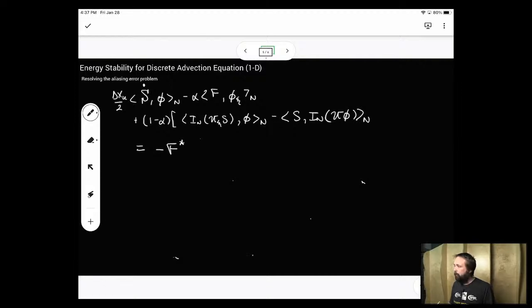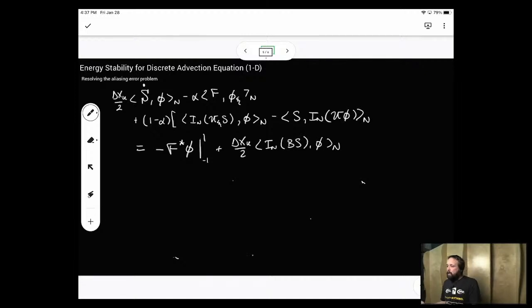I'll denote the Riemann flux, an approximate flux, with that star. We have phi from minus 1 to 1, and remember that minus 1 to 1 is the computational coordinates, the edges of each element. So we're just looking at the equation for each element. Delta x_k times the inner product of the interpolant of b times s, with capital B being the interpolant of that lowercase b function, with phi.